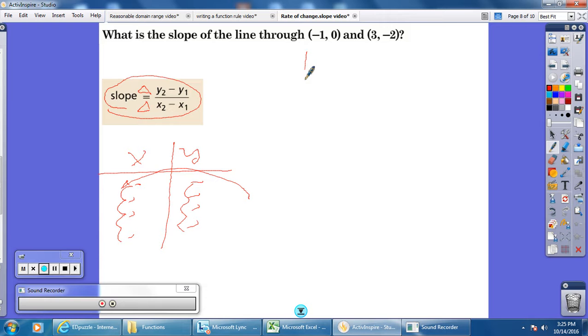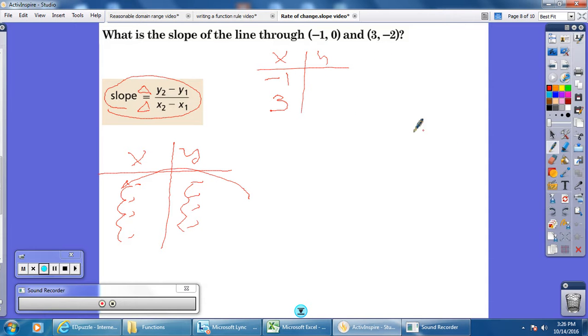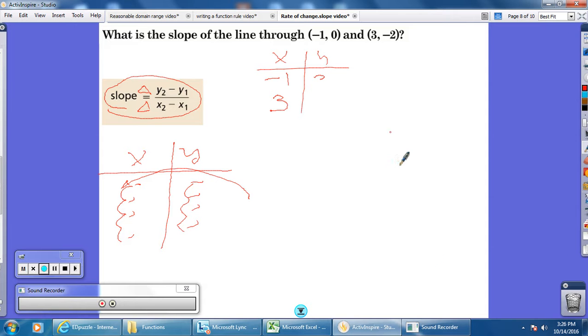So now if you look at it, let's put it in a table so you guys can see x and y. X is -1 and 3. Y is -2. Hold on. I gotta put my points to match. -1 matches with 0, excuse me, and -2.